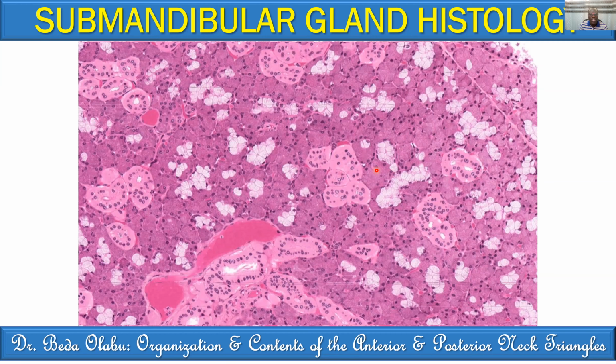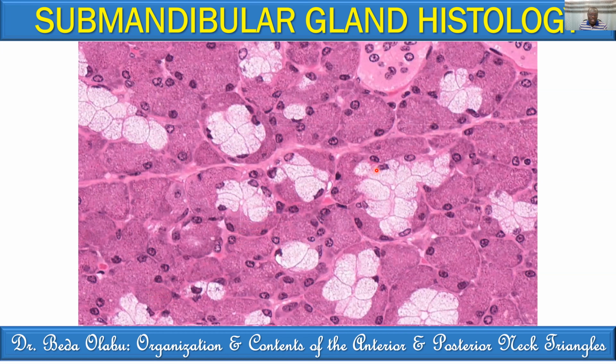A higher magnification of the acini displays something quite important to note about the submandibular gland. In some regions, we see a cup of the serous acini covering the mucus acini. This is what we call the serous demilune. So we see the serous demilune there. This is a serous demilune.